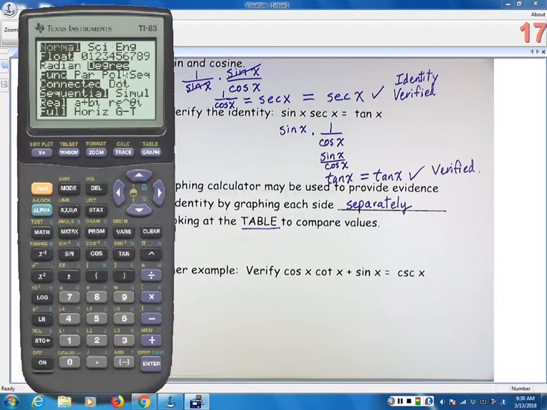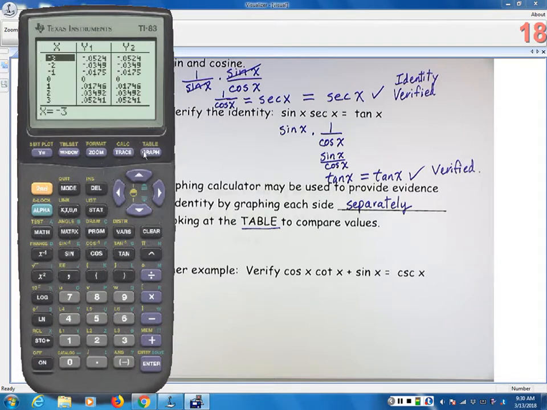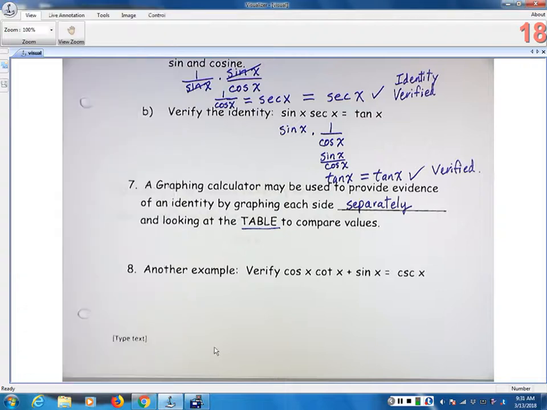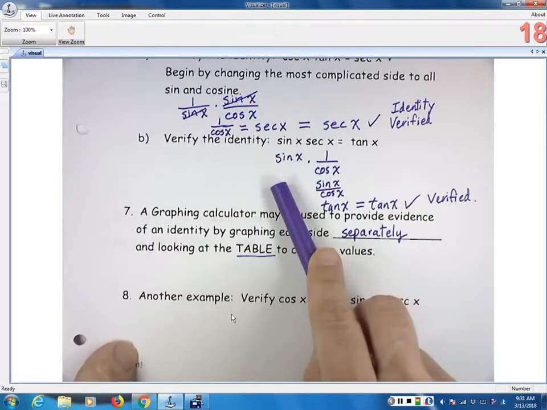We're in degree mode, but as long as they're equal, it doesn't really matter. You can look at it then. The table of values matches. That's not how you verify an identity, that's how you can provide evidence. So if I ask you to verify an identity, you need to show it this way.